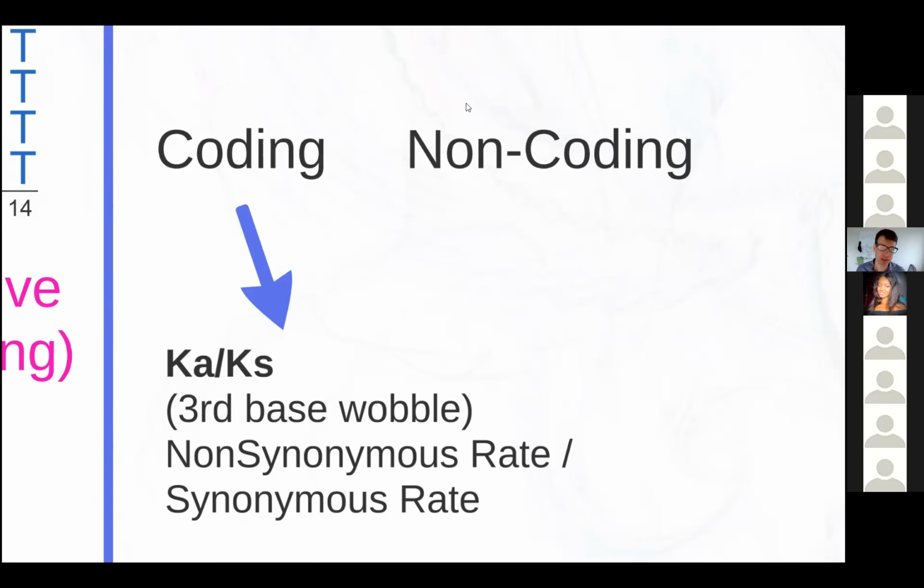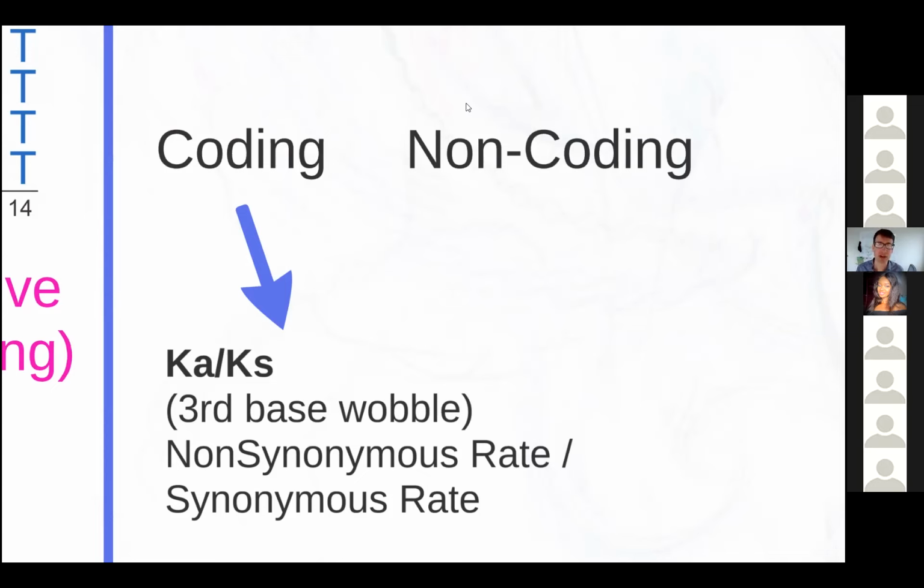And we measure that with Ka over Ks. Most people can use this very quickly to measure neutral, because neutral is like the synonymous rate. So if we divide the non-synonymous rate by the synonymous rate, that gives us a better picture of, oh yeah, here's selection.